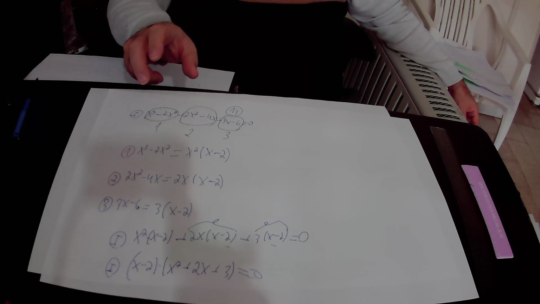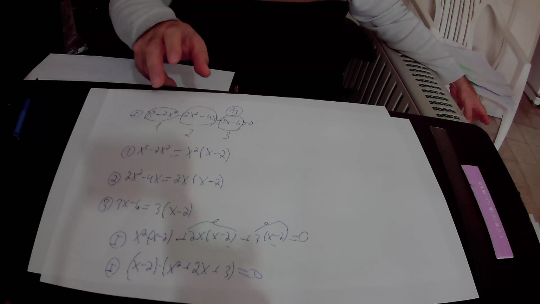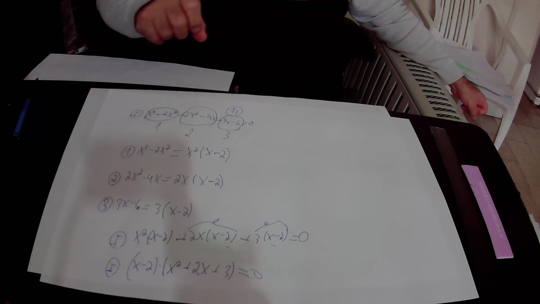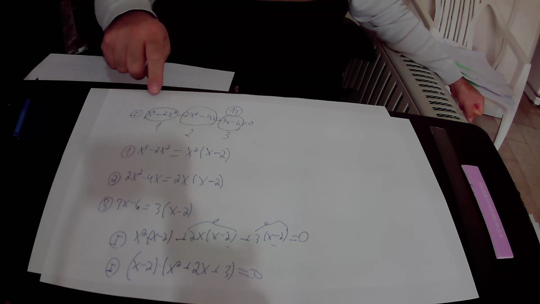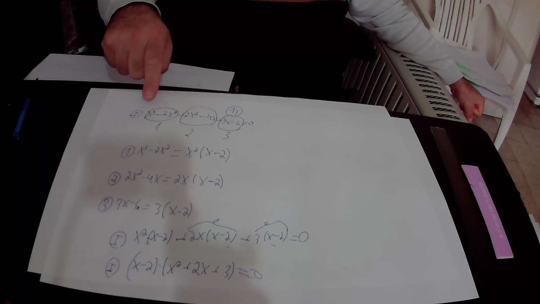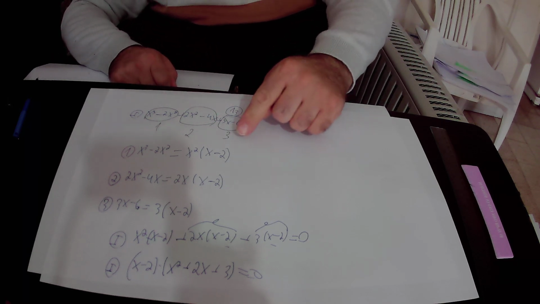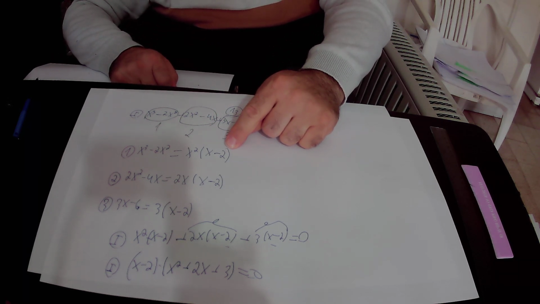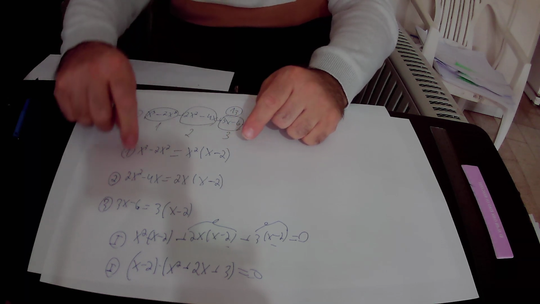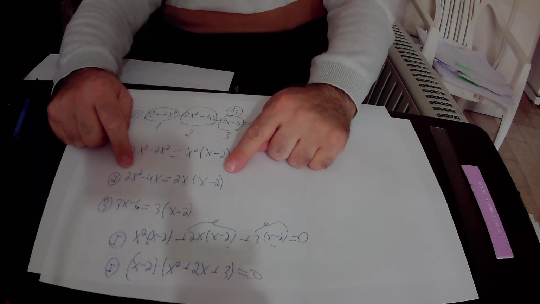We divided equation number 1 into 3 parts, and we took a common factor from each part. The common factor that we took from the first expression is x squared, and inside the brackets what is left is x minus 2. The common factor that we took from 2x squared minus 4x is 2x, and what is left inside the brackets is x minus 2.